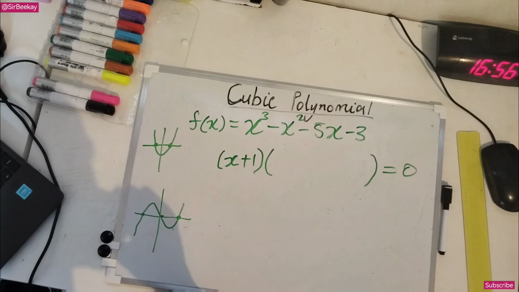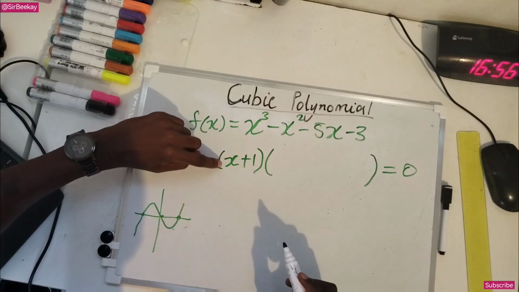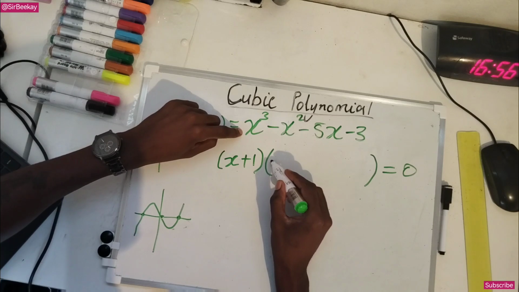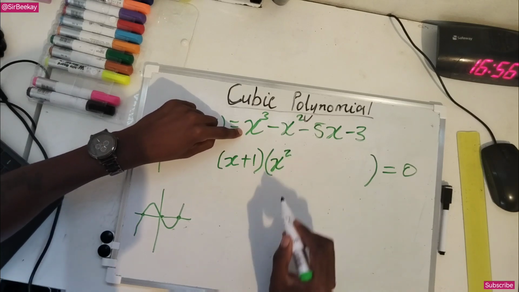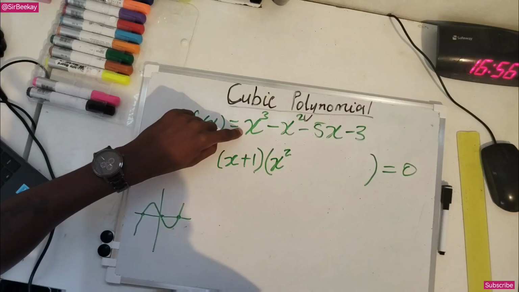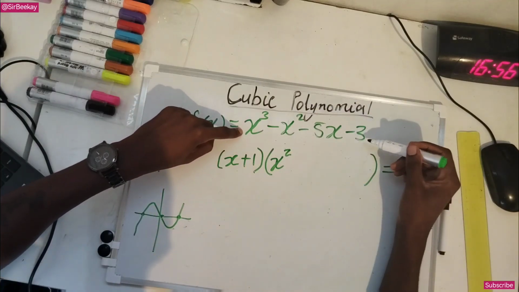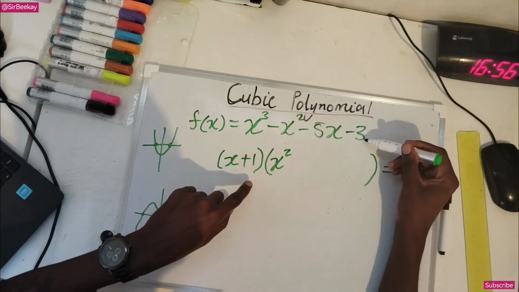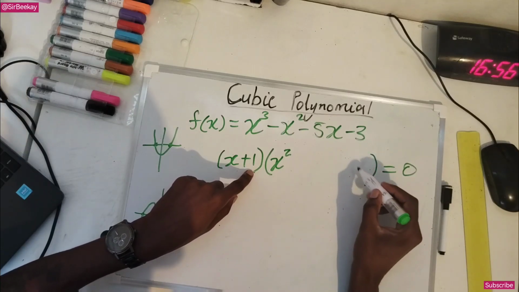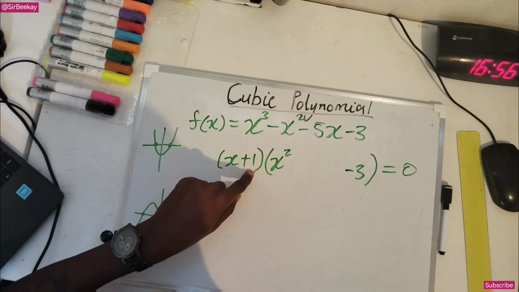This one is x. So for me to achieve the x cube, I must have an x squared here, no matter what. For me to achieve the negative 3, those 2 things must multiply to give me a negative 3, right?